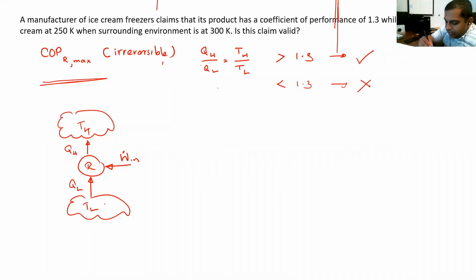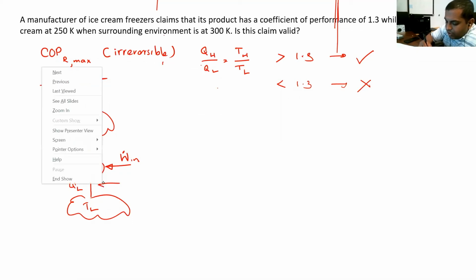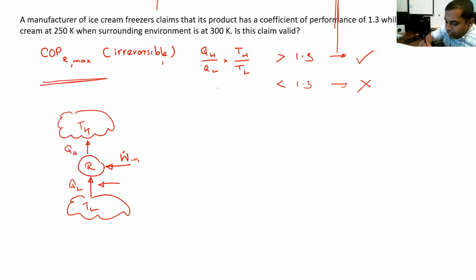The only difference is, in a refrigerator, our focus or our goal is to remove heat from the low temperature reservoir. This is our desired output. So when it comes to calculating efficiency, we talked about desired outputs and required inputs, right?